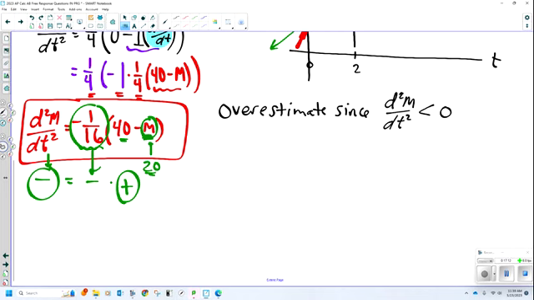I was going to start writing words. This is therefore it is concave down at t equals 2.